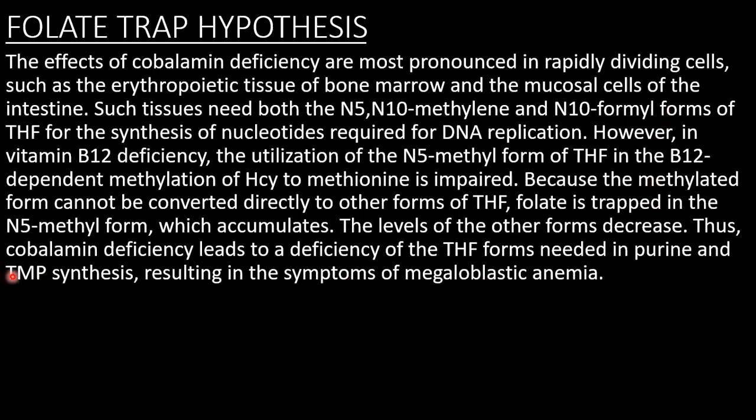Also, in the synthesis of thymidylate monophosphate catalyzed by thymidylate synthase, you require N5,N10-methylene tetrahydrofolate. Because these are deficient, you cannot synthesize your purines and TMP. So there will be symptoms of megaloblastic anemia, because you cannot form DNA. The reticulocytes cannot replicate, so their levels in the blood increase, leading to megaloblastic anemia.